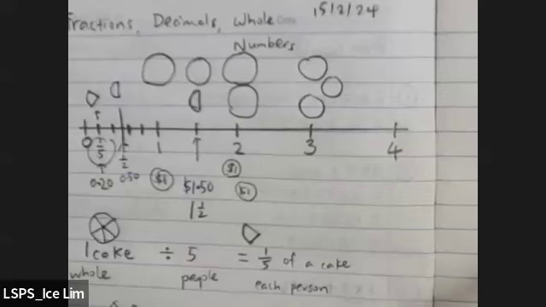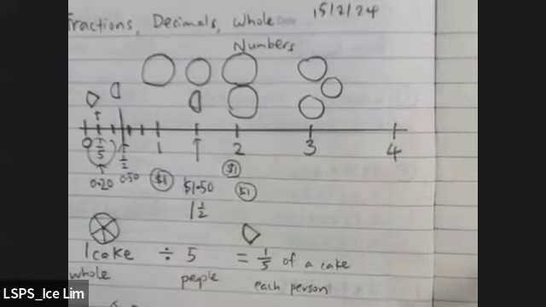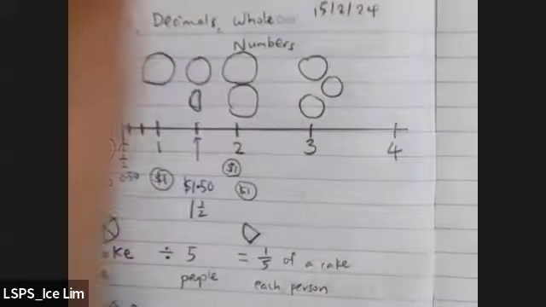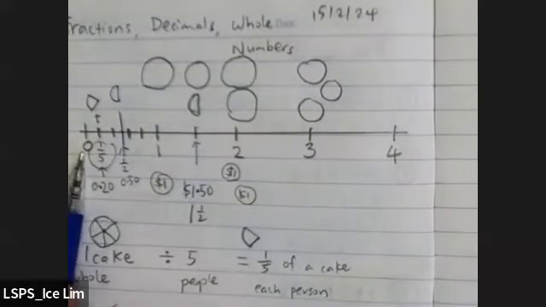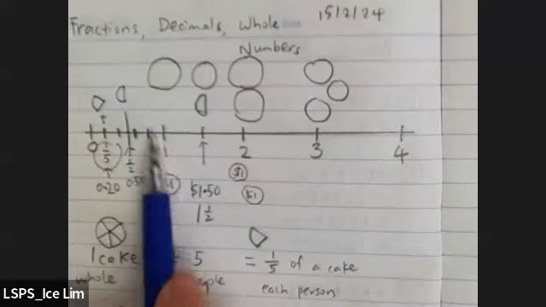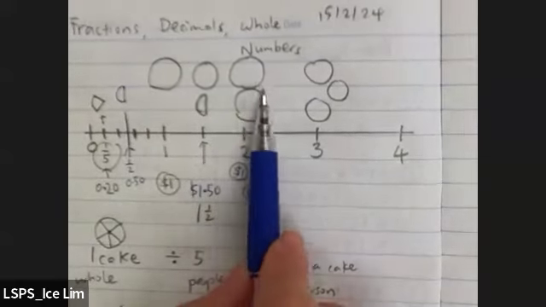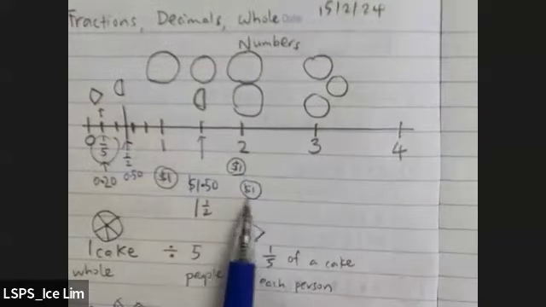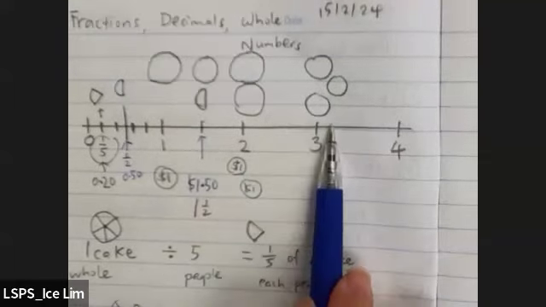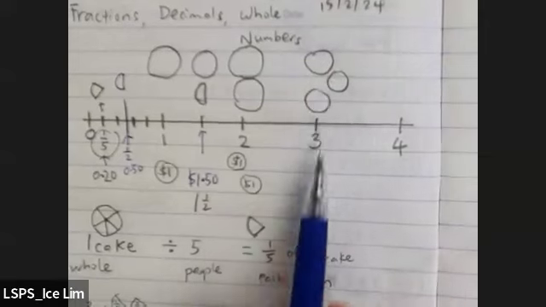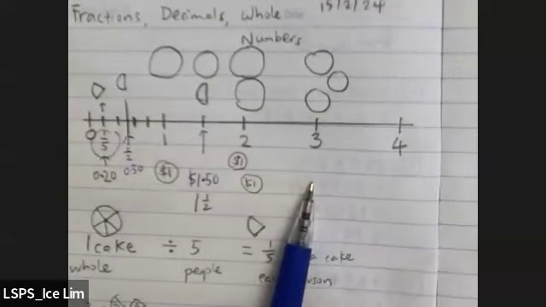Now, from this number line, look, 0 means simply nothing. 1 is a whole cake, a whole dollar. 2 is 2 whole cakes, $2. 3 is 3 whole cakes, $3.